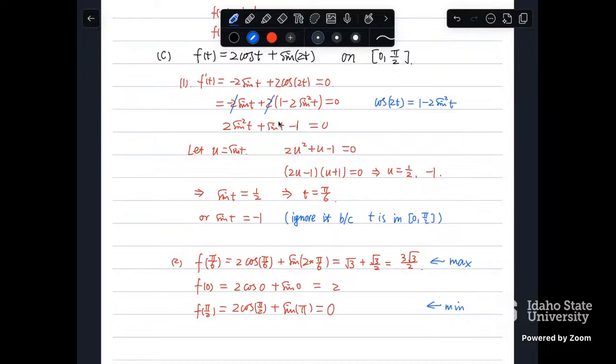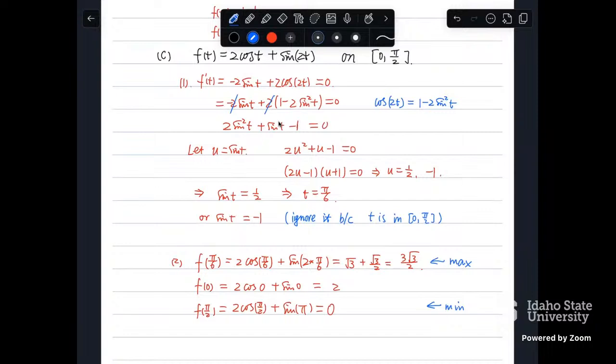Does this make sense? Okay. In summary, I don't want you to get lost in the solution process. You need to understand the main procedure. The first step, you find the critical numbers.